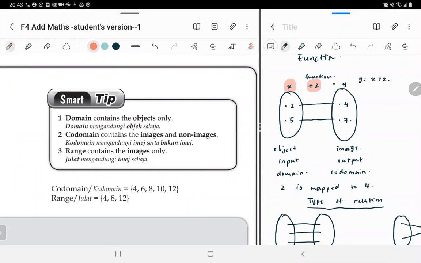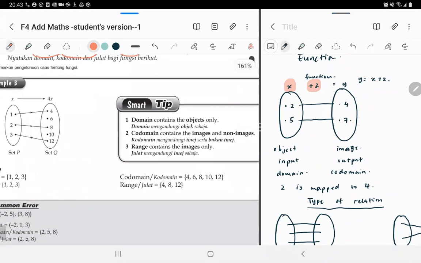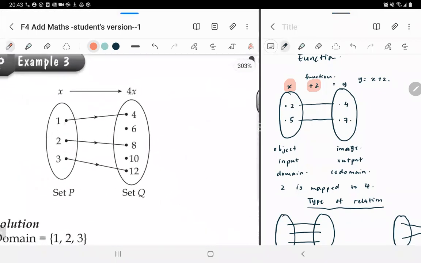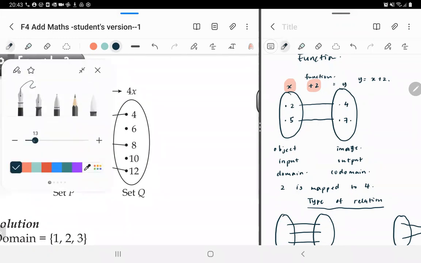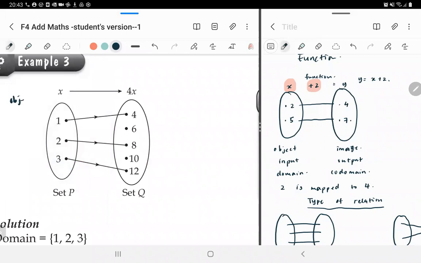Images and non-images means here, if you have 1 map to 4, the one involved in the mapping here, we call it object. So our objects here will be 1, 2, and 3. And the object is mapped to a number, right?